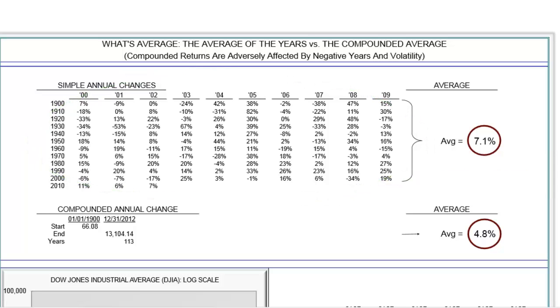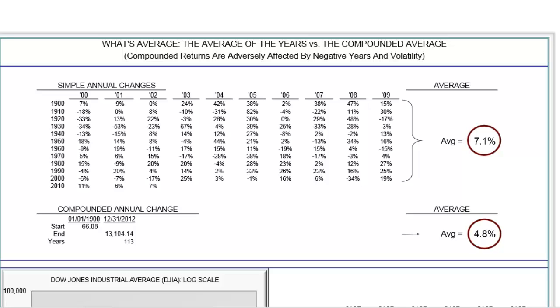The compounded, you look at the starting point and the ending point. The compounded is only 4.8%. This is 113 years of history, and this surprises people. They think it's going to be much higher. From these returns, you got to subtract fees, taxes, and inflation.